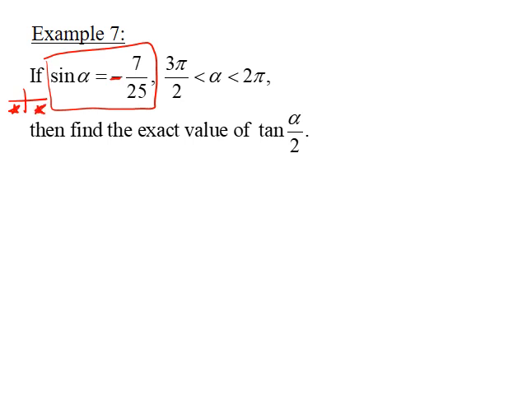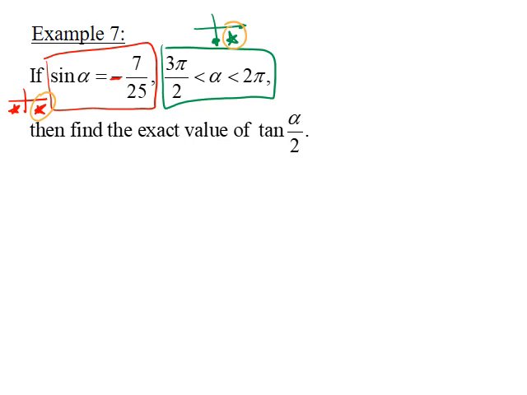All right, well, we need to narrow it down, and the way we narrow this down is by looking at this information. Alpha is in between 3 pi over 2 and 2 pi. Well, 3 pi over 2 is here, 2 pi is here, so this is quadrant 4, which means the overlap must be quadrant 4.